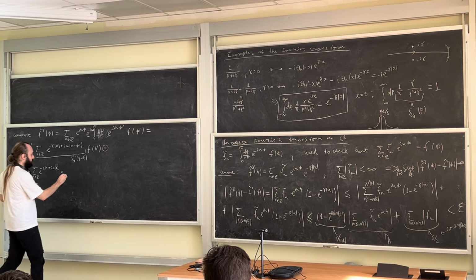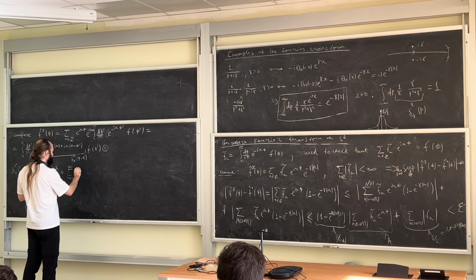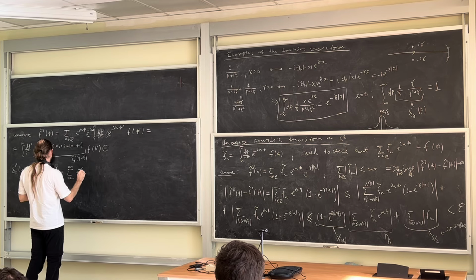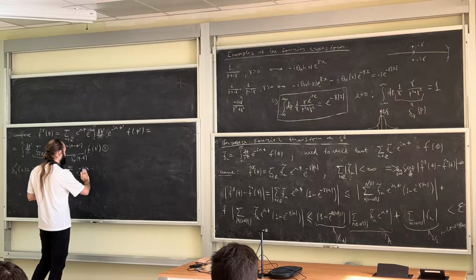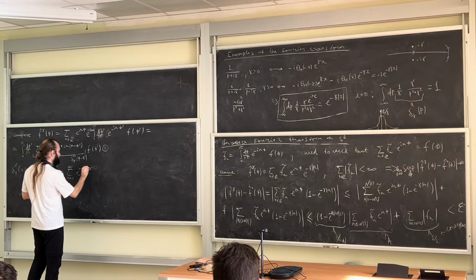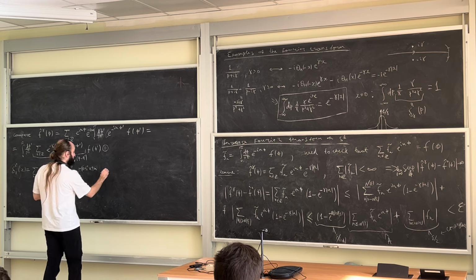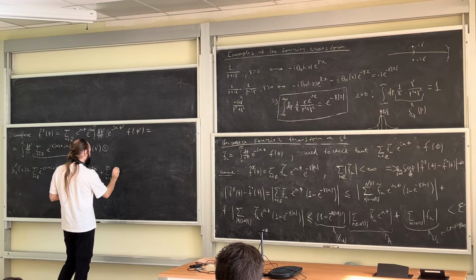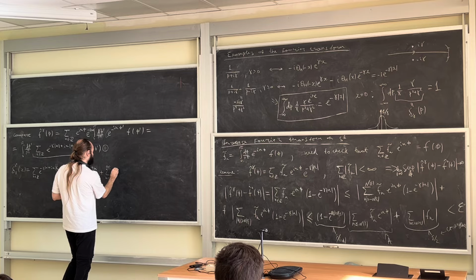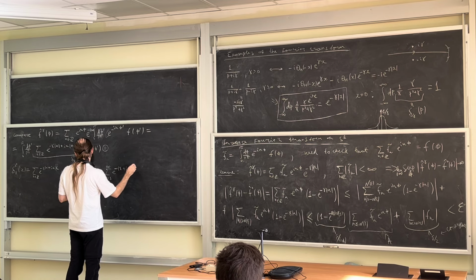It can be written as a sum from n equals 0 to infinity of e to the minus gamma n minus i x times n, plus sum from n equals 1 to infinity of e to the minus gamma plus i x, I suppose, n.